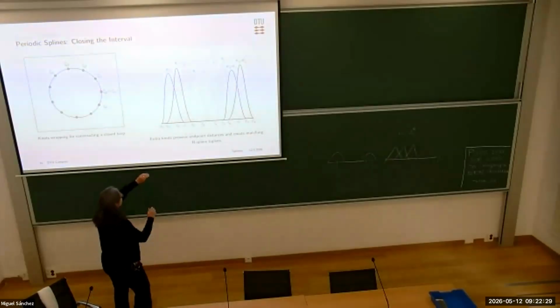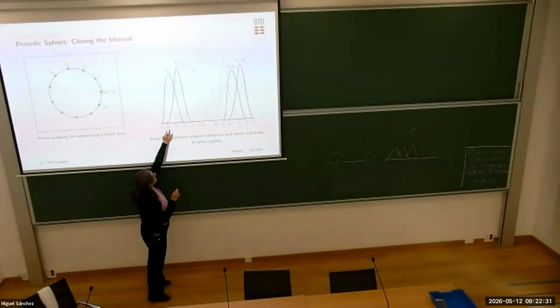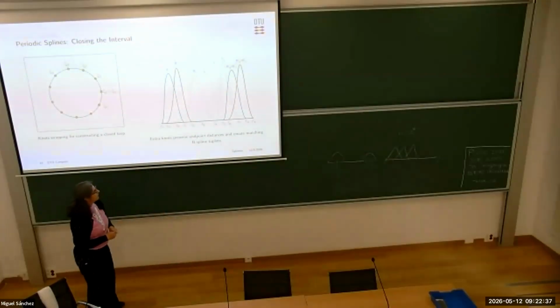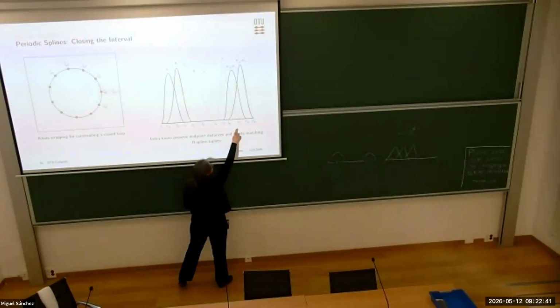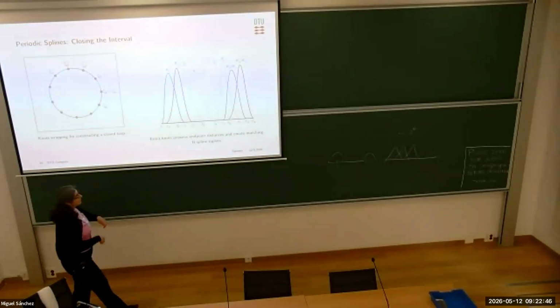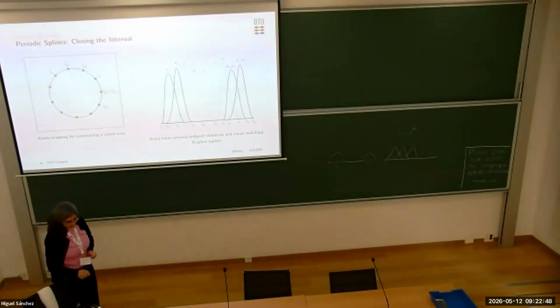So we just expand our interval. That was for degree 2, so we added 2 knots on the right and 2 knots on the left, preserving the same distance from x0 and x1, added to x7 and the extra one. It's exactly preserving the distance, so we can produce the same splines.